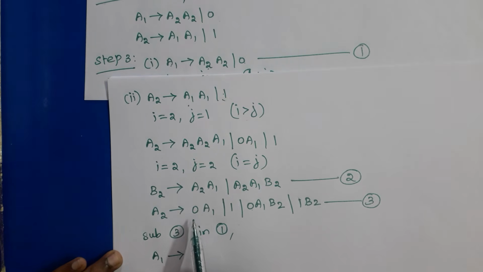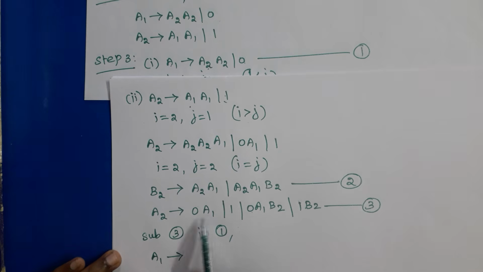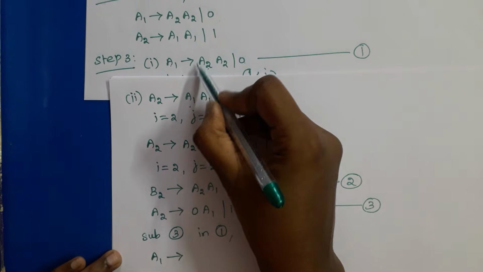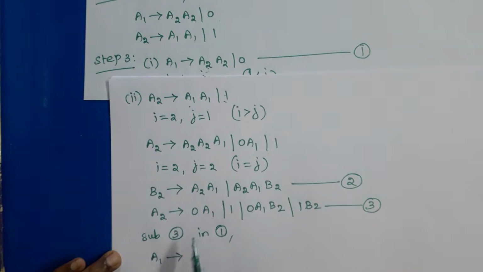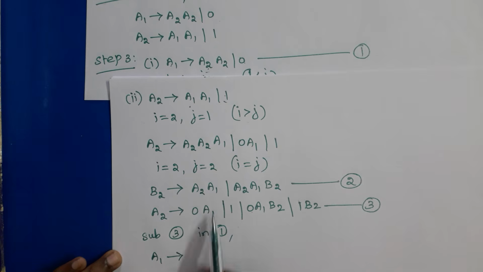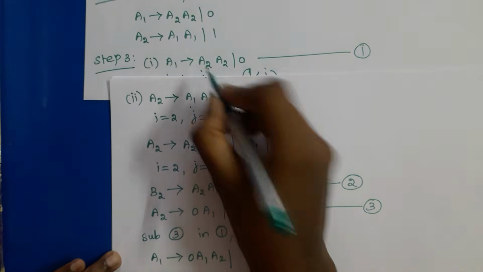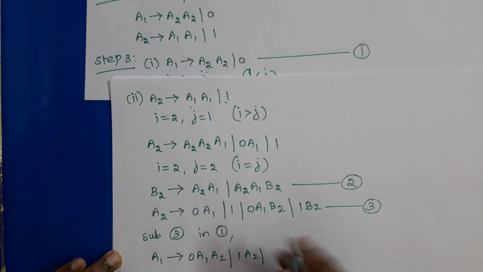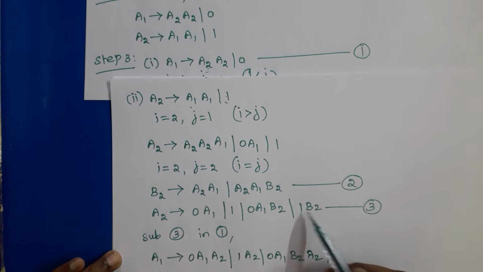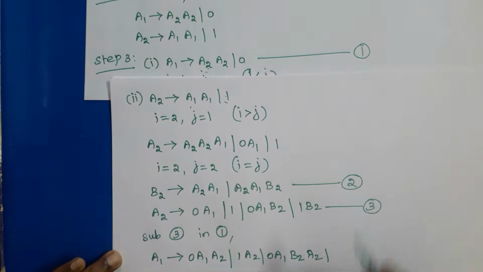So first equation is 0, A1. So 0, A1, A2. Instead of A2, I am going to write the 0, A1. So 0, A1, A2, 0, A1, A2 bar. Then 1 should be substituted here. So 1, A2. Then 0, A1, B2, A2. Then 1, B2, A2.